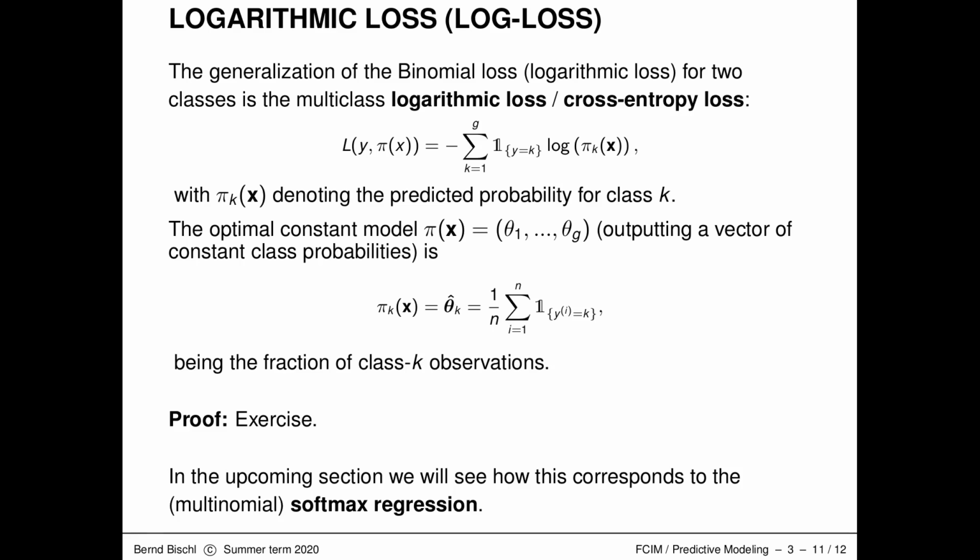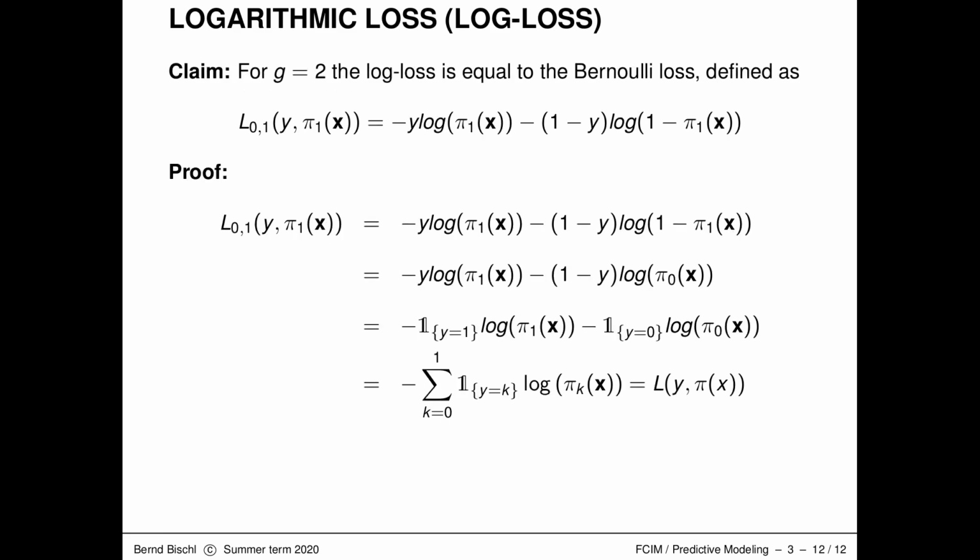And we will now put this multi-class loss here to direct use and show how we can define a multi-class classification system based on logistic regression with this, which is called softmax regression. Also, I should say that for G equals 2, the multi-class log loss is now really a true generalization of this binary log loss.